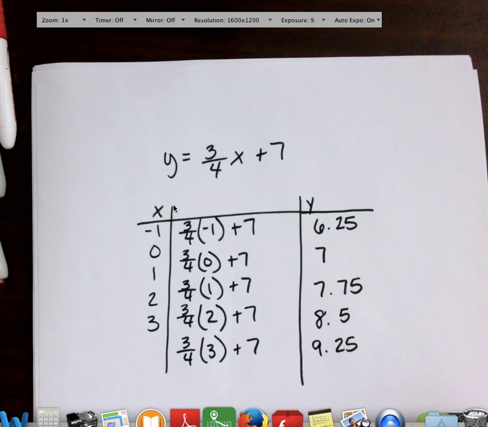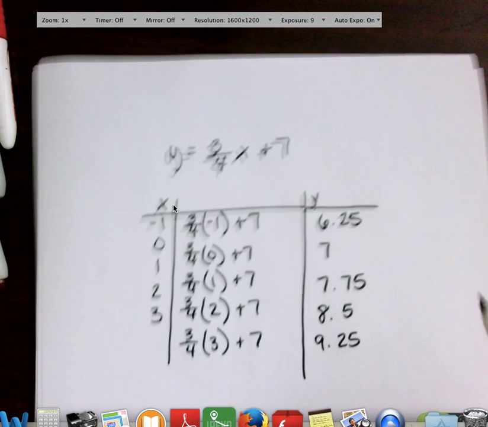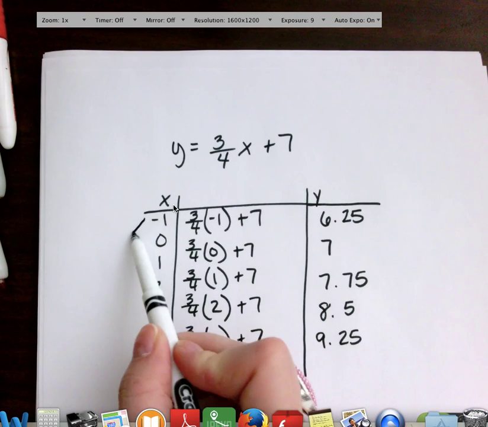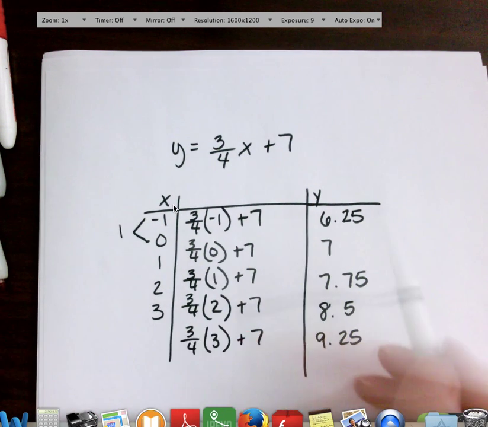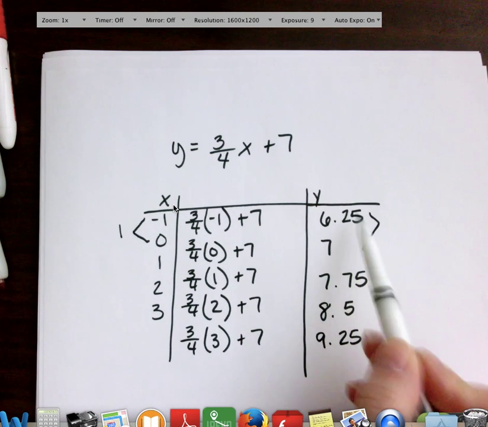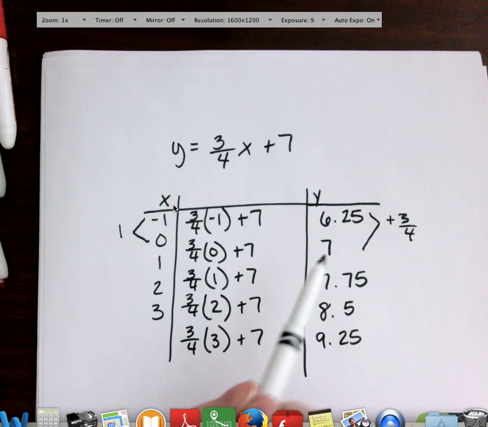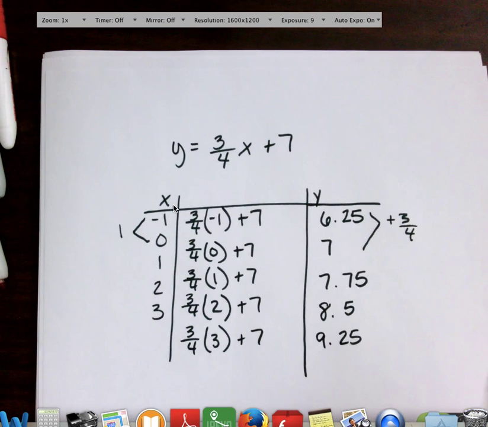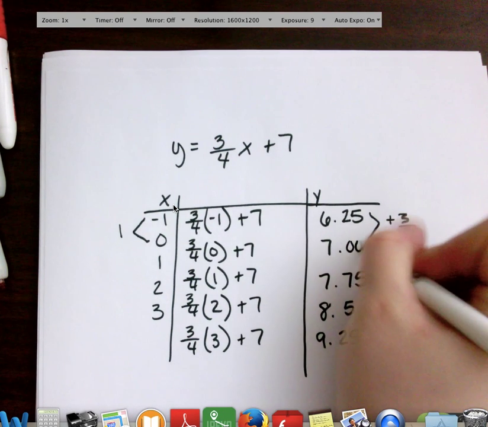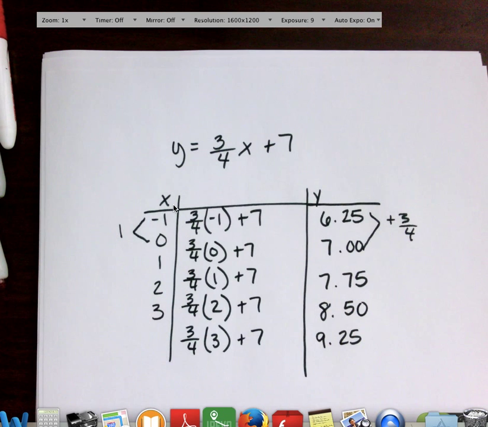All right. And you can see, again, as I change x by 1, I'm changing y by 3/4, or .75. Sometimes decimals are easy to see as dollars. You can add in the zeros there because we're pretty used to using quarters and 50 cents and stuff.